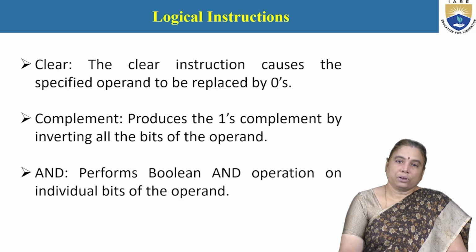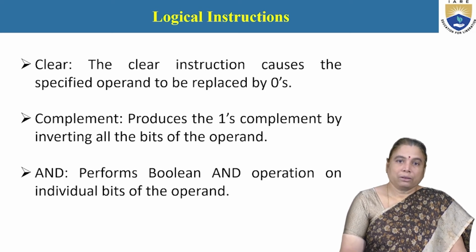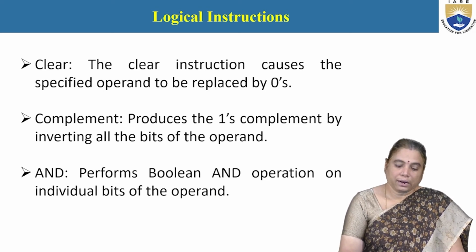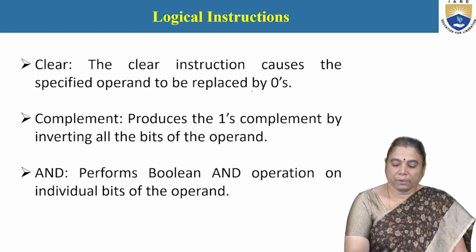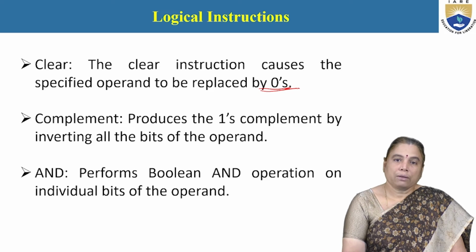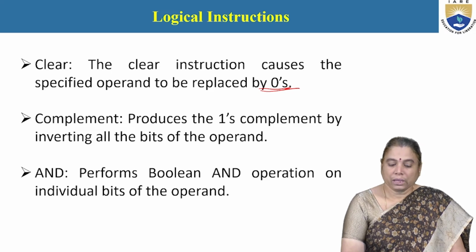So, what are these logical instructions? The first instruction is the clear. The clear instruction causes the specified operand to be replaced by 0. So, the value 0 is stored in the specified register. Complement produces the ones complement by inverting all the bits of the operand.